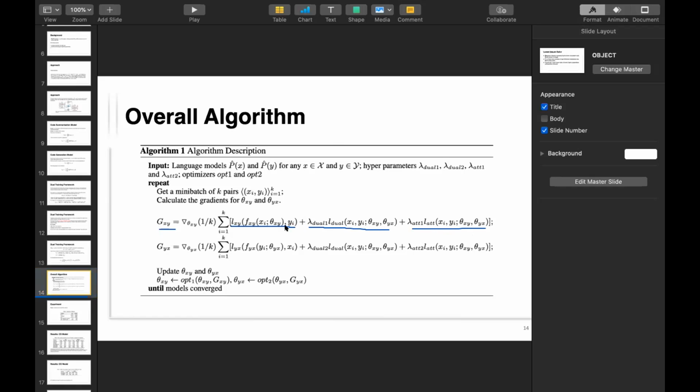So we want to minimize the sum of these three terms, and we minimize the loss term of both models together in each iteration and update their parameters together. So this is the overall algorithm for the model. Still have a small question.